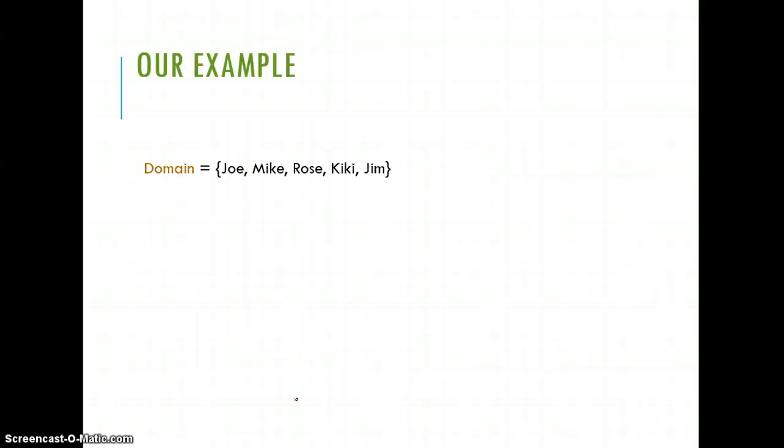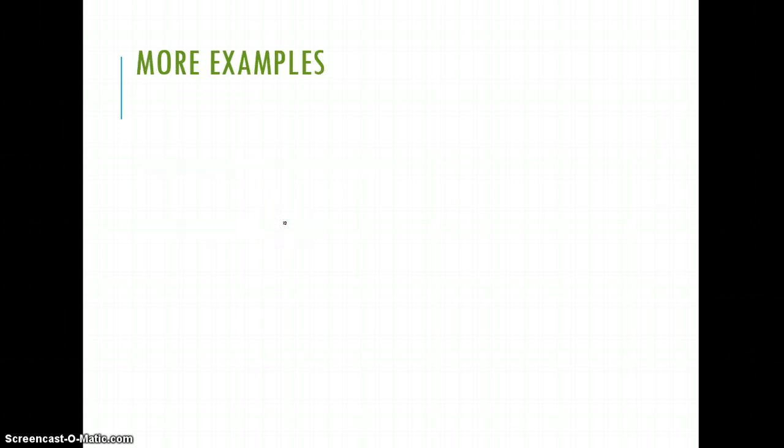In our domain we have Joe, Mike, Rose, Kiki, and Jean, which is the set of x's, and their corresponding y's or ranges: 6, 5.75, 5, and 6.5. 5 we are only having it once because two of our students measured 5, but we don't repeat it in the range because it's the same value.